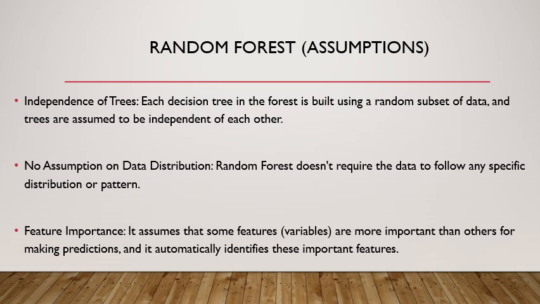Here the prediction of one decision tree is completely independent of the prediction of other decision trees. It is clearly mentioned that trees are assumed to be independent of each other.